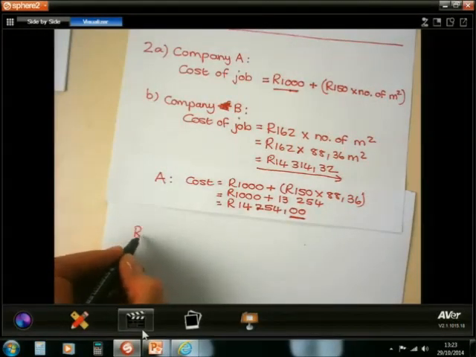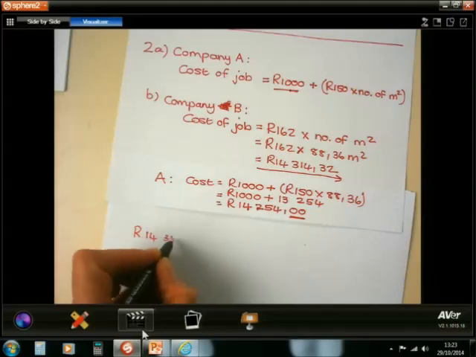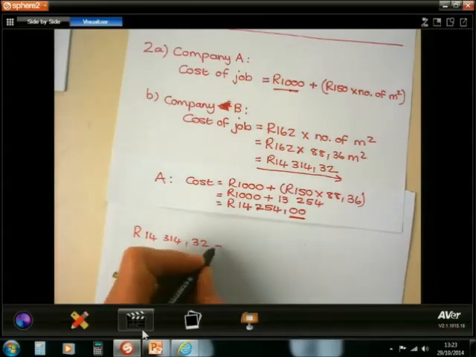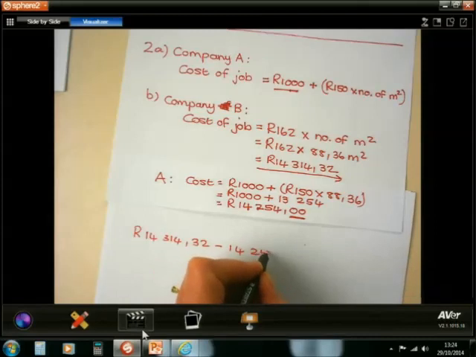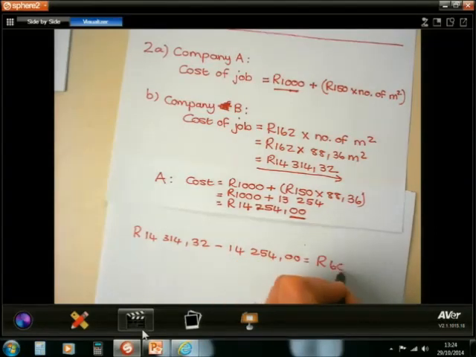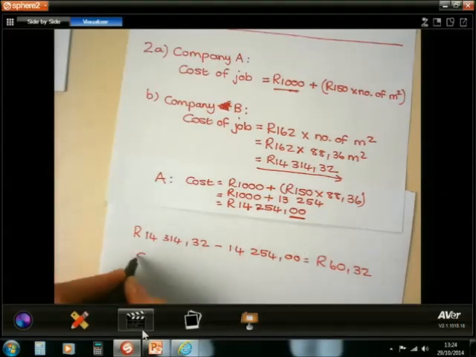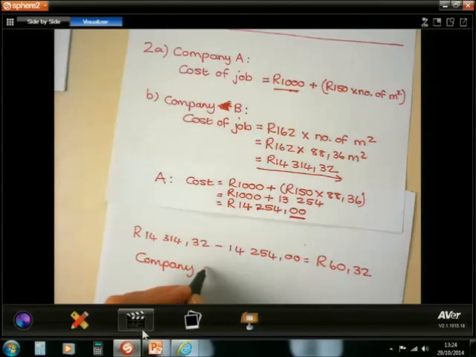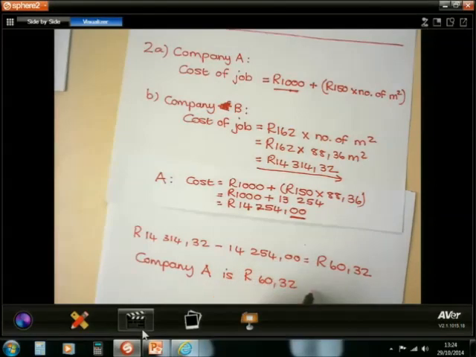You say 14,314,32 minus 14,254 Rand equals, and you say Company A is 60 Rand 32 cheaper.